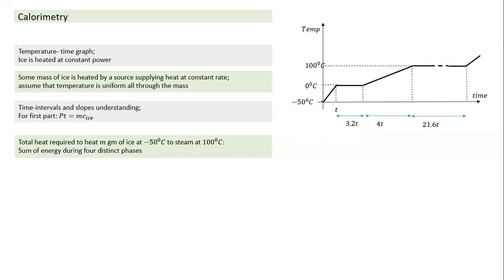Here, to convert -50 degree ice to 0 degree ice, then 0 degree ice to 0 degree water, then 0 degree water to 100 degree water, and then 100 degree water to 100 degree steam. That's what you should know how to calculate.